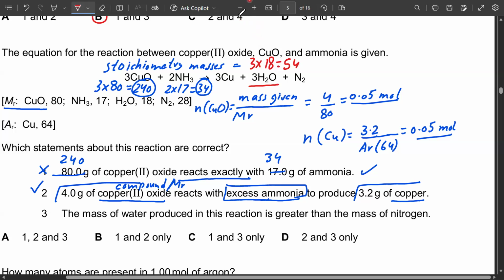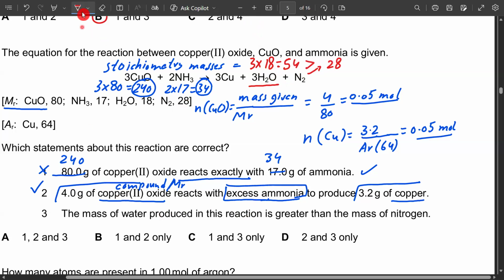And for nitrogen, it is just 1 mole. So N2 produced will be 28, because there is just 1 mole and the N2 mass is given over here, 28. So yes, we can see the mass of water produced in this reaction, according to the moles used, 3 moles of water, is greater than 28. 54 is greater than 28.